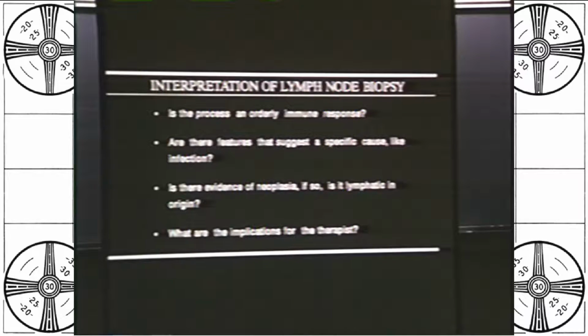But it's really, the history is very important. And if somebody comes to you and says, well, I had this for 2 weeks, and I had a sore throat, or my kids had something, the overwhelming majority of these lymphadenopathies are going to be related to some transient viral infection, and it's not going to be a big differential diagnosis dilemma.